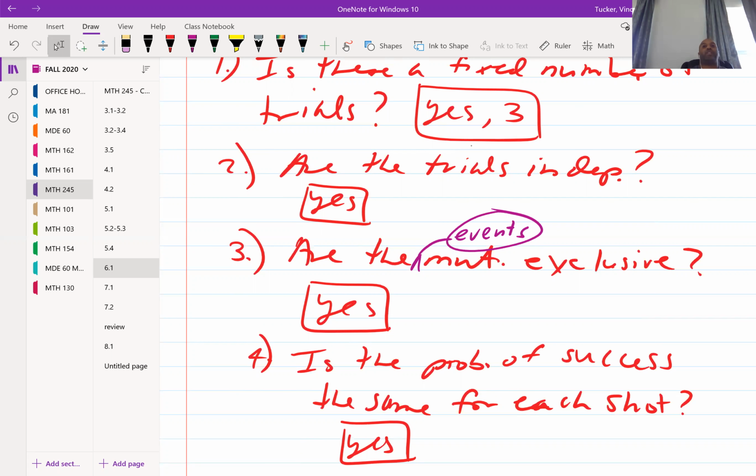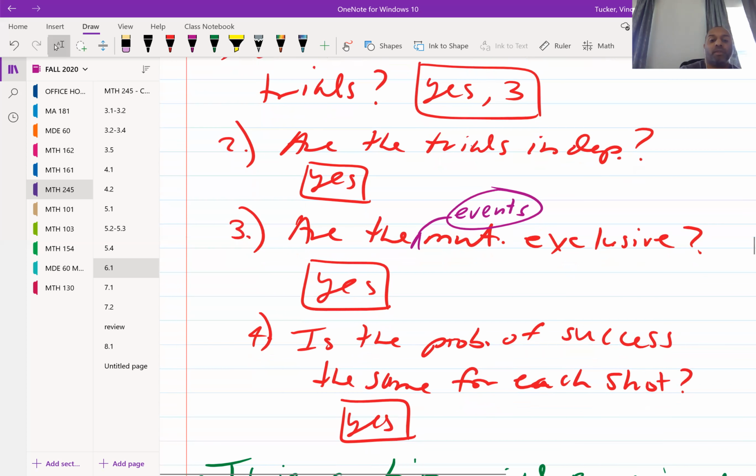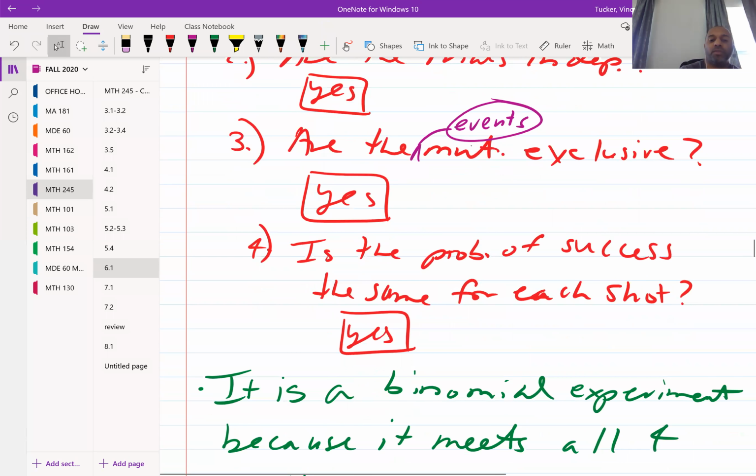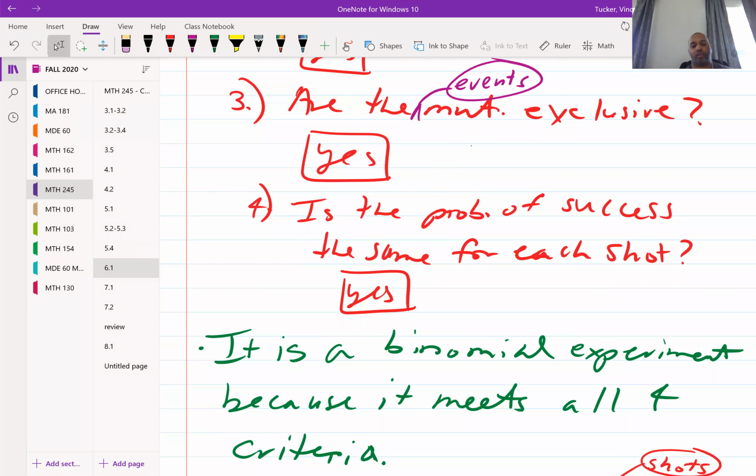So it meets the 4 criteria of a binomial probability experiment. All right. Oh, that's what the green says. It is a binomial experiment because it meets all 4 criteria.